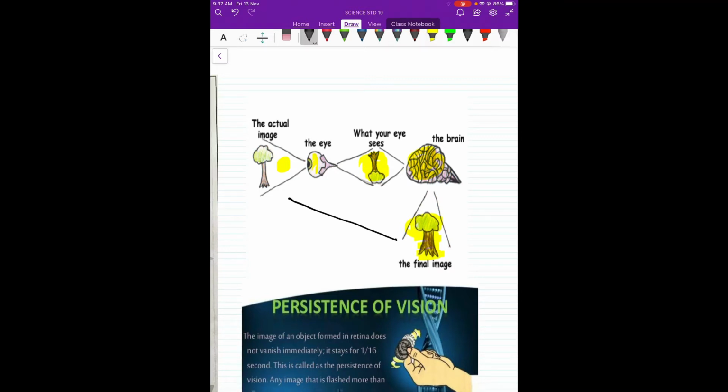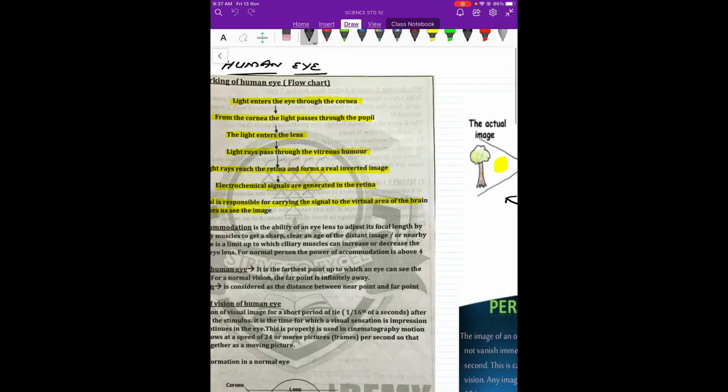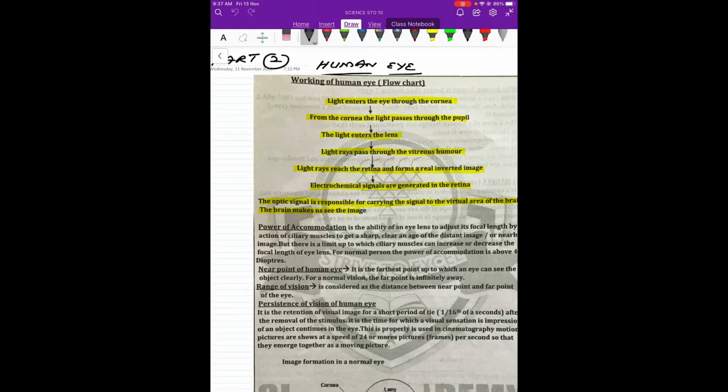So this is what the eyes do, but remember, all this happens in fractions of seconds. We can see things immediately. These are very fast processes which help us to see things as they are. So this is the working of the human eye.